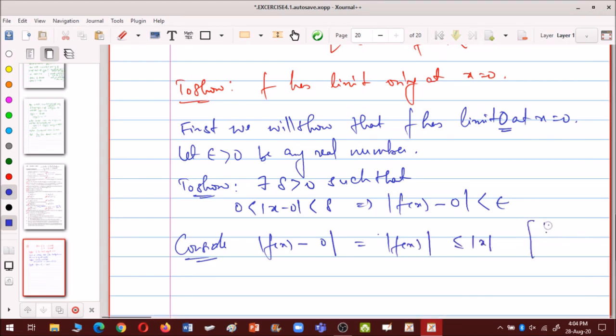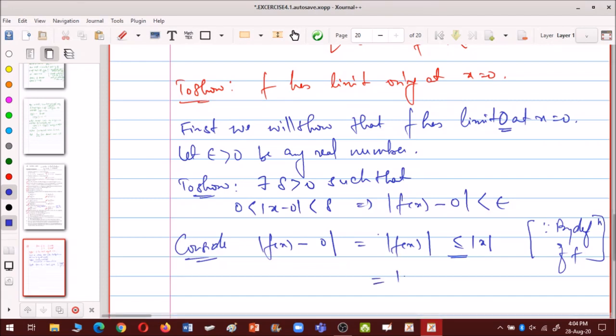This is the observation, because our f(x) is either x or 0. So |f(x)| is equal to either |x| or 0, and 0 is always less than or equal to |x|. So |f(x)| is less than or equal to |x| by definition of f(x). This is the trick. This is the observation that we have to remember, that |f(x)| is less than or equal to |x|.